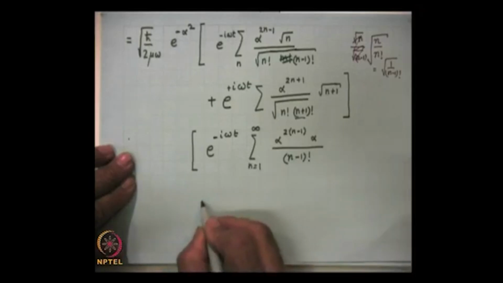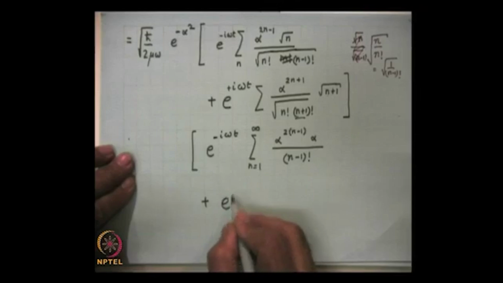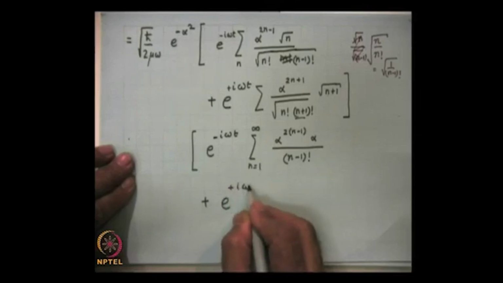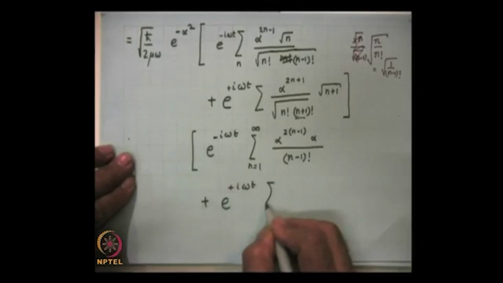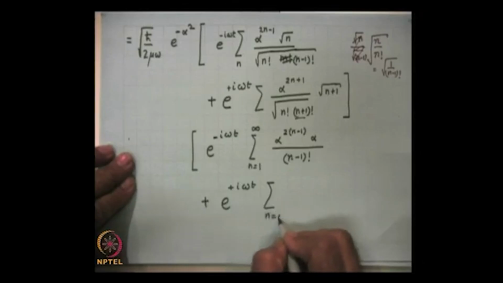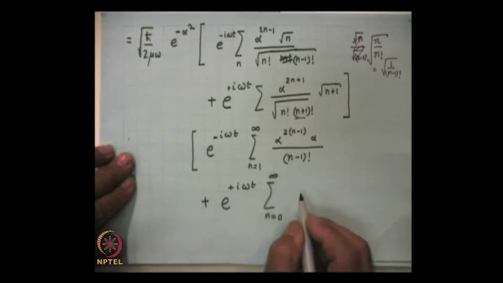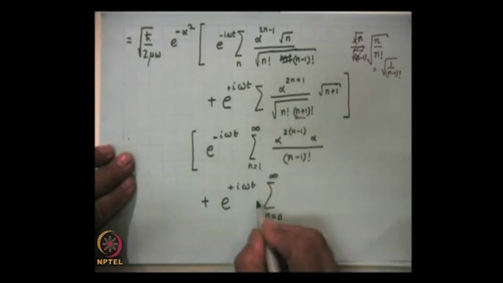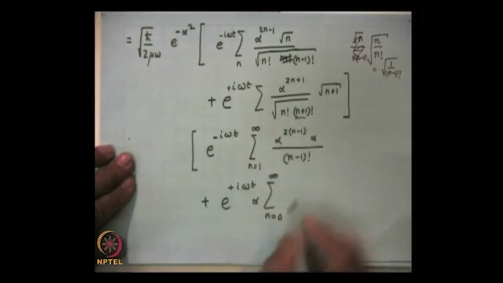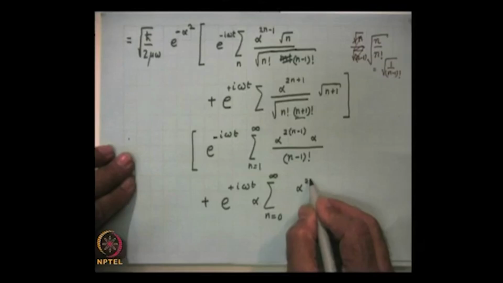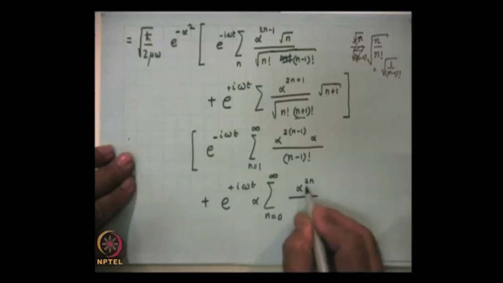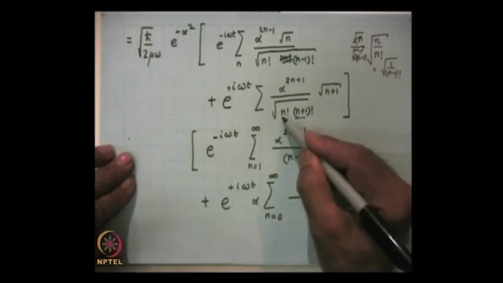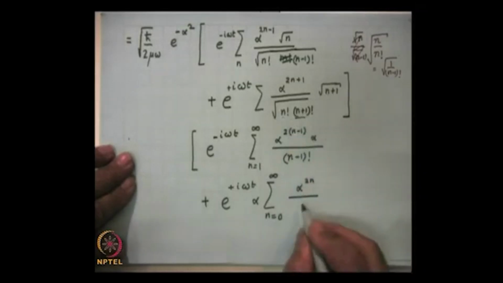plus the second term will be e to the power of plus I omega t, summation n equal to 0 to infinity. If I take the alpha outside, I get alpha to the power of 2 n, so alpha square raised to the power of n, divided by n factorial n factorial, so just n factorial.